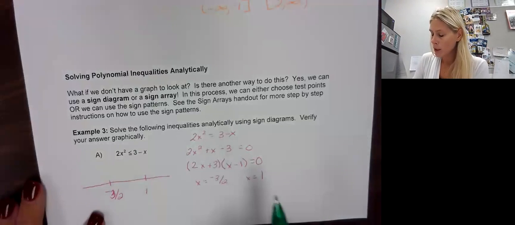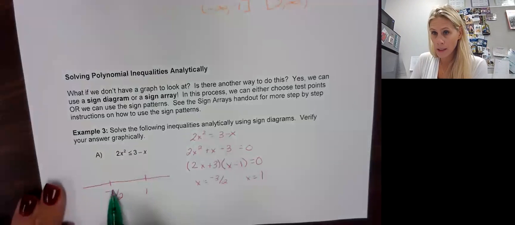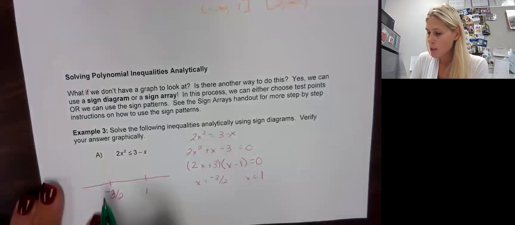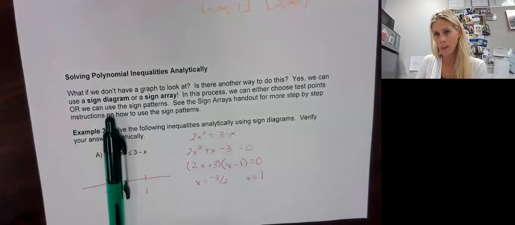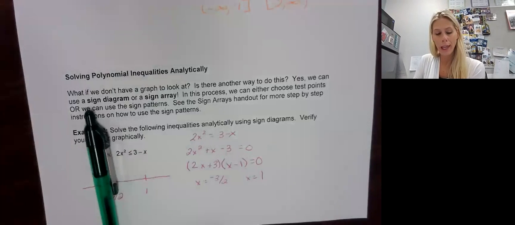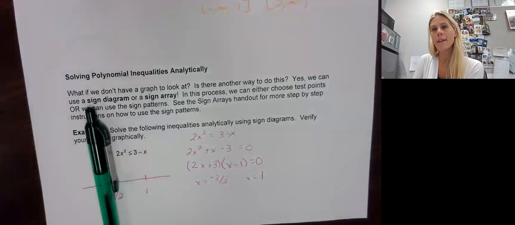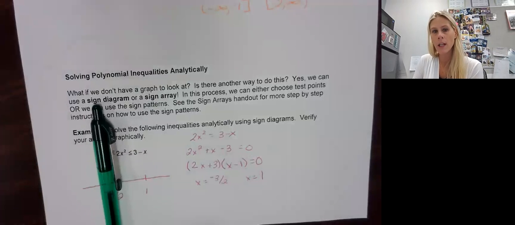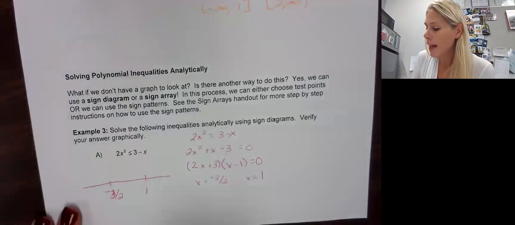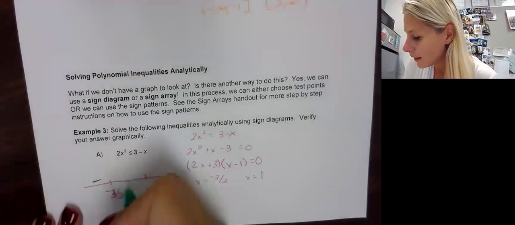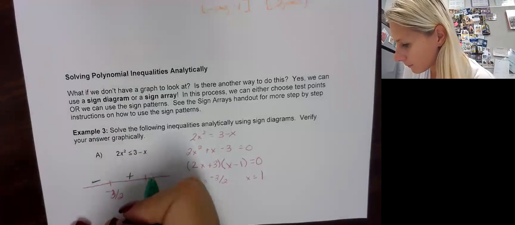For each of these, it has its own row. So what I always do is put my pen at the number. Everything to the left of it is negative, everything to the right of it is positive. So if I have my pen at -3/2, to the left is negative, to the right is positive.